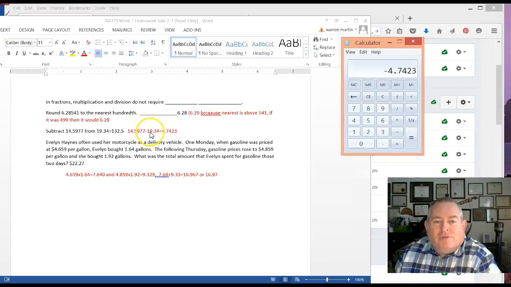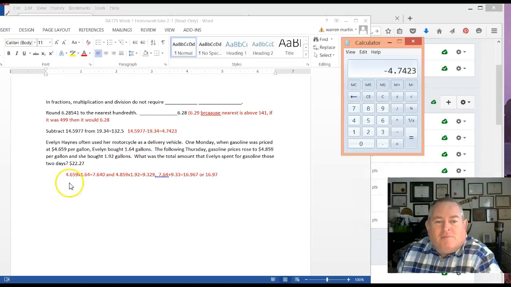Depending on which way you do this, you could come up with a negative number. But what we're looking for is a positive number, because 14 is lower than 19. If you were asked to do it the other way around, you'd come up with a negative number.